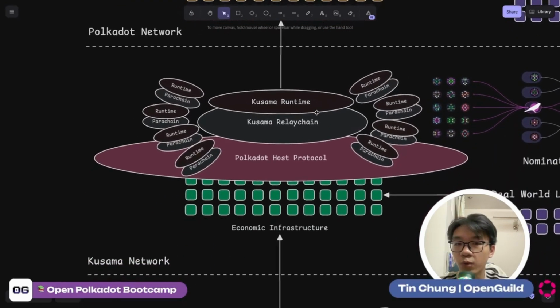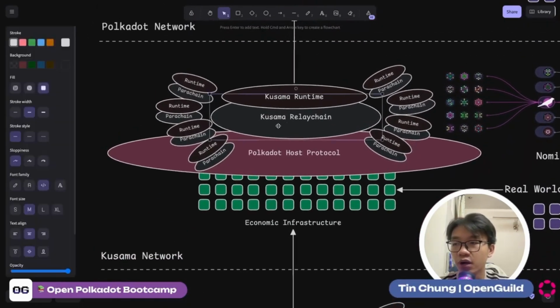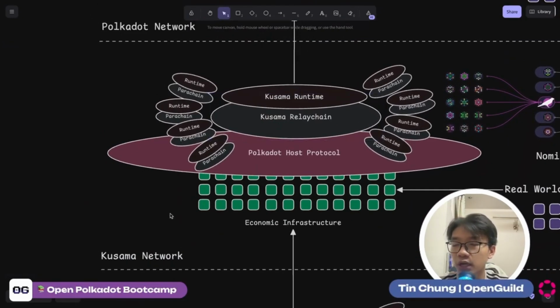But in Polkadot, we introduce another network called the Canary network, which right here is Kusama. So what is a Canary network?